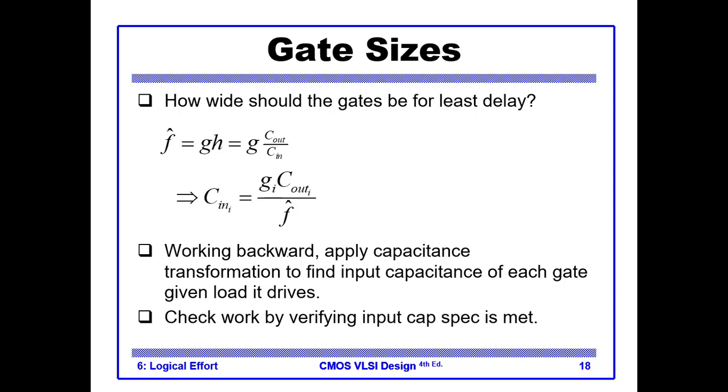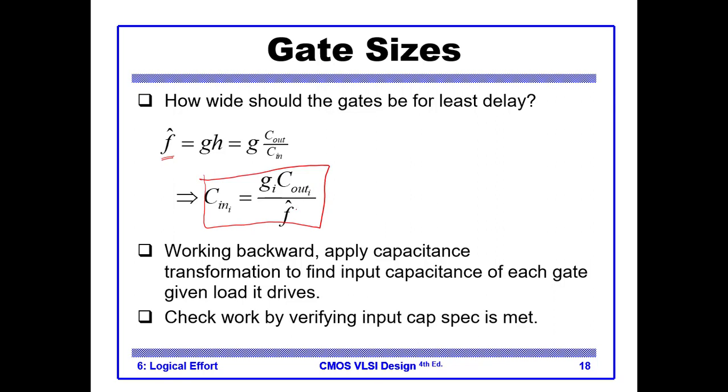So how wide should the gate be? It is a result from the minimum F cap. So it is G into C out by Cn, which is the fan out, and from here you can find Cn, which is basically Gi C out of the stage divided by F cap.